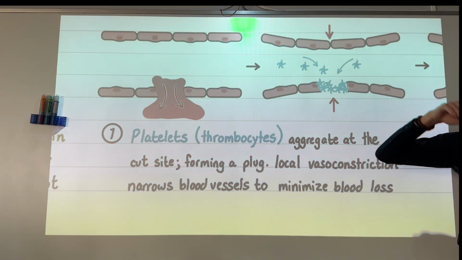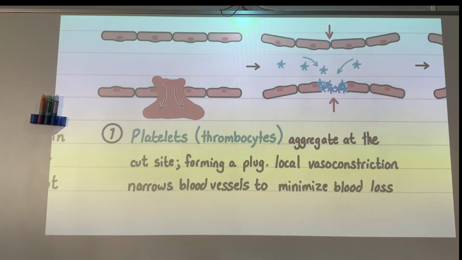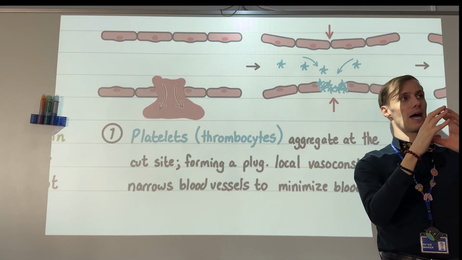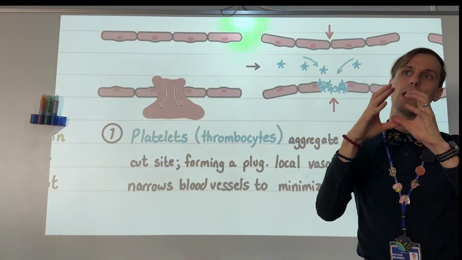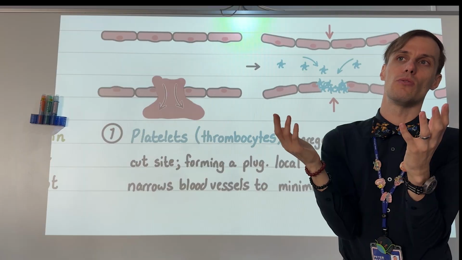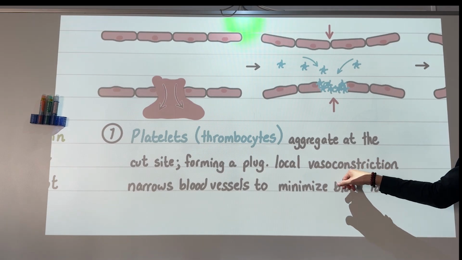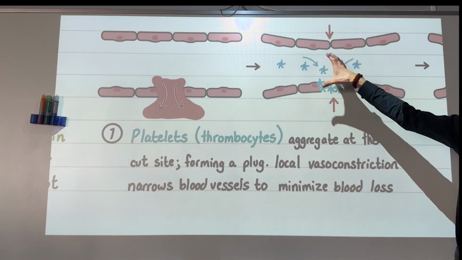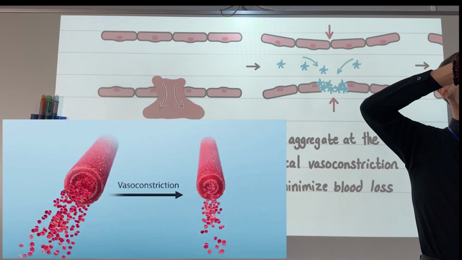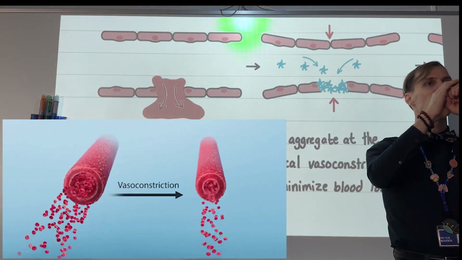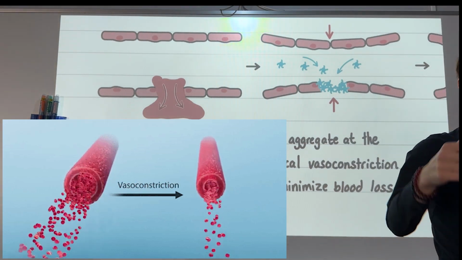And your body is also going to do a secondary action, something that we looked at in B3.2. If I want to minimize blood loss to an area, what can I do? Vasoconstriction, your blood vessels can actually start to contract, meaning that the amount of blood flow to that area decreases.